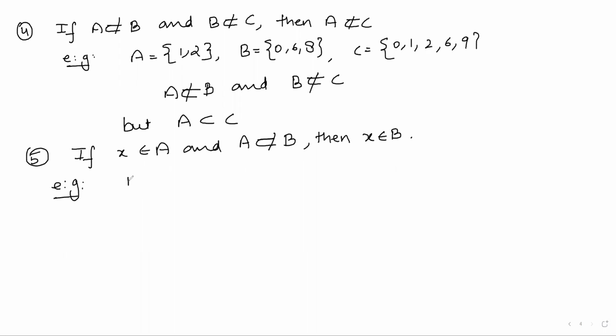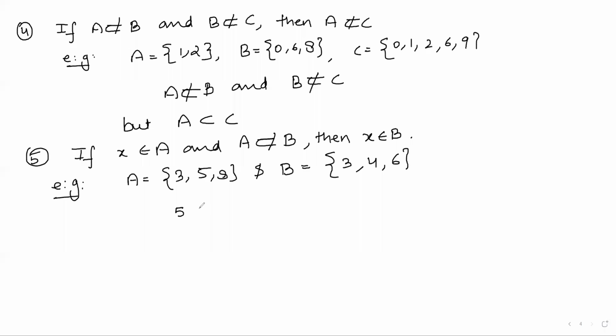Okay, we will take an example. A is equal to, suppose, {3, 5, 8}, and B is equal to, suppose, {3, 4, and 6}.